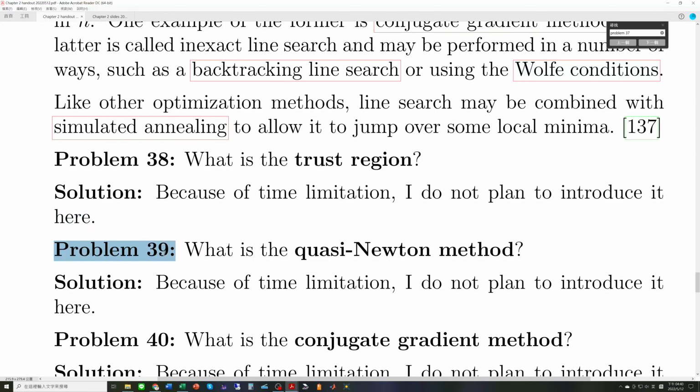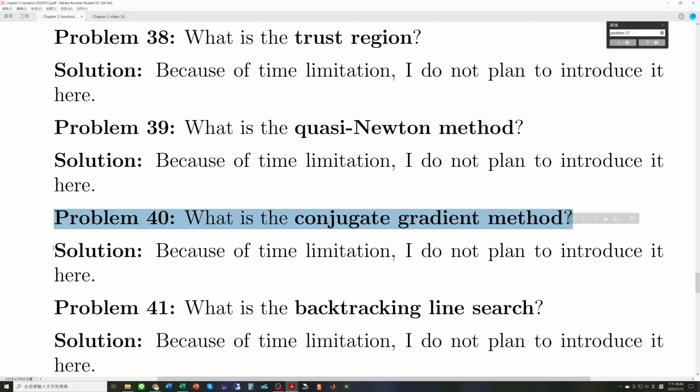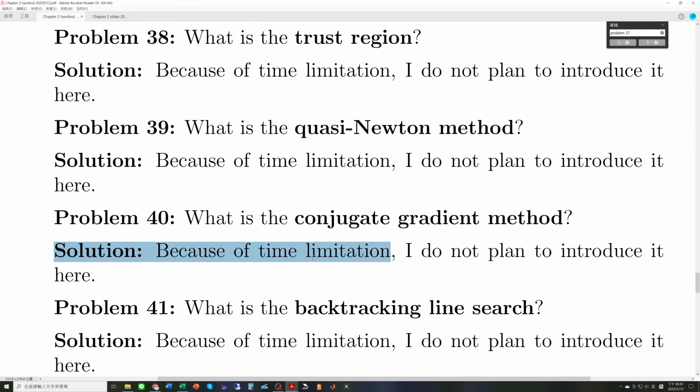Problem 39. What is the quasi-Newton method? Solution: because of time limitation, I do not plan to introduce it here. Problem 40. What is the conjugate gradient method? Solution: because of time limitation, I do not plan to introduce it here.